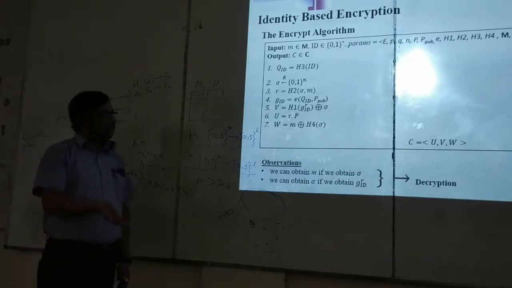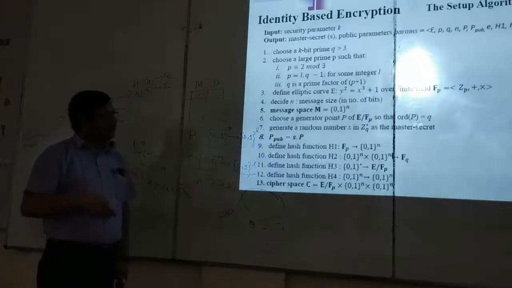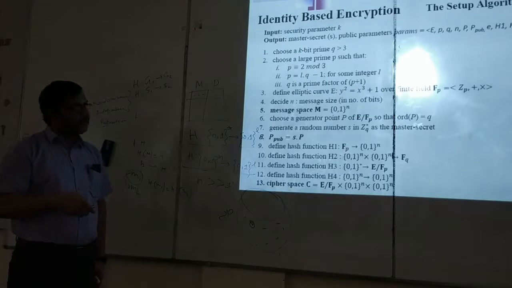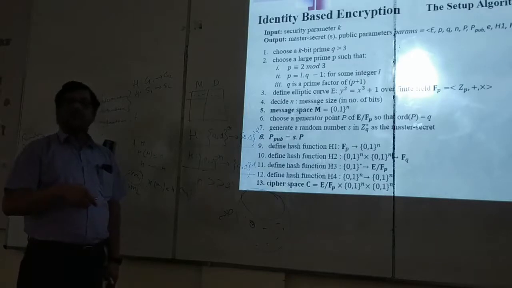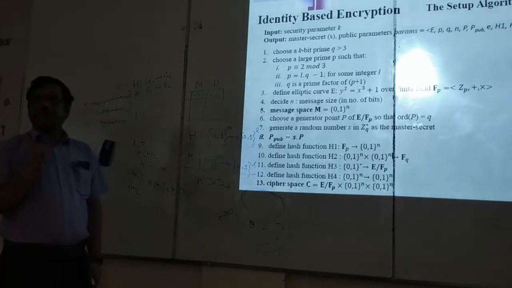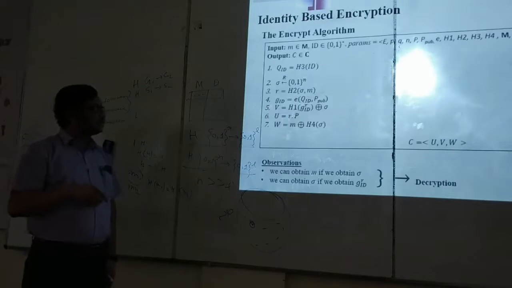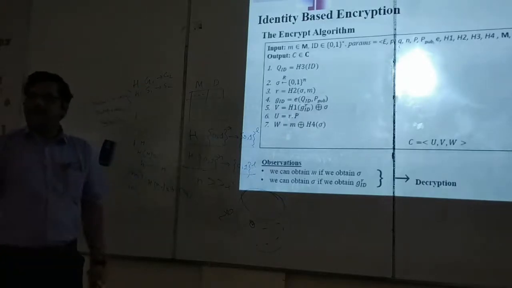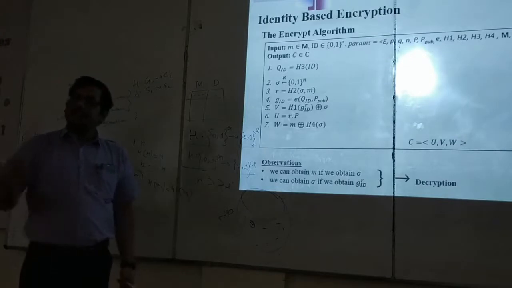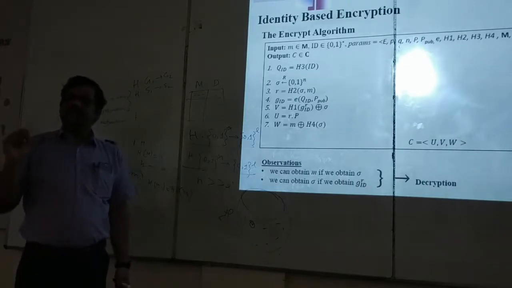Then come back to slides. H1 takes one element in 1 to p minus 1, FP, the prime field, and produces an n-bit string. So here GID power R is a modular exponent. Everything is in mod p. That we are not mentioning, but everything is in mod p.